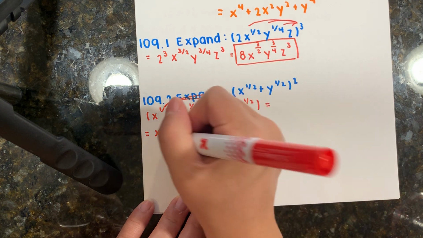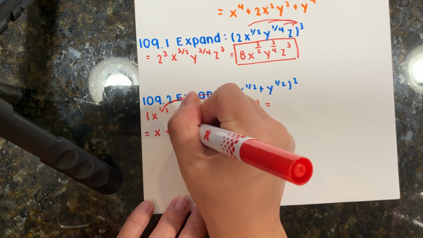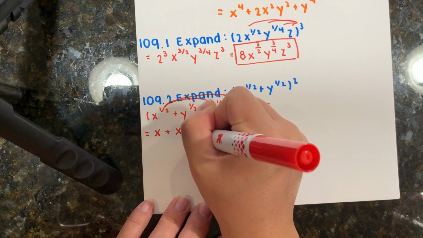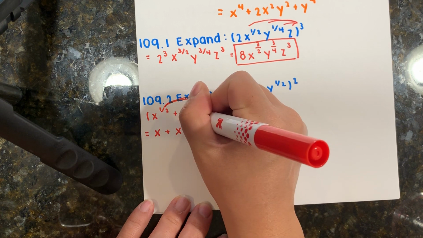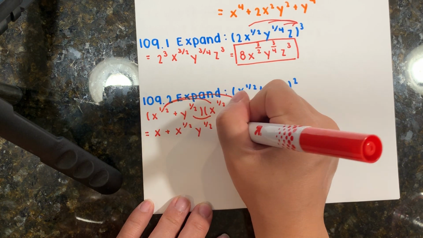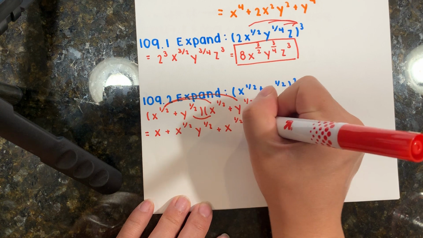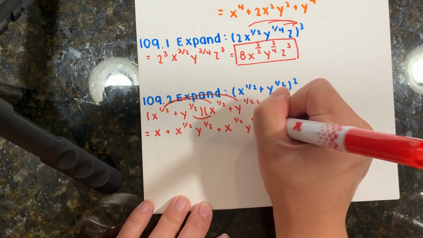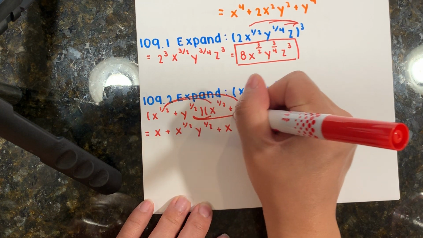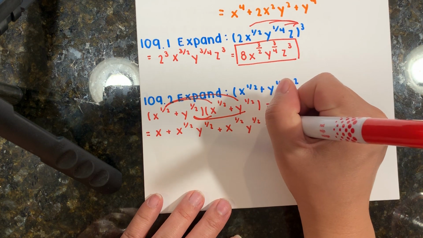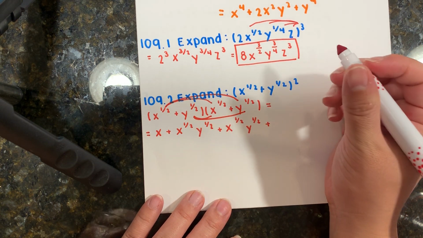Then x to the 1/2, y to the 1/2. Then my middle terms would be x to the 1/2, y to the 1/2. And then again, y to the 1/2 times y to the 1/2. You add exponents when you're multiplying.